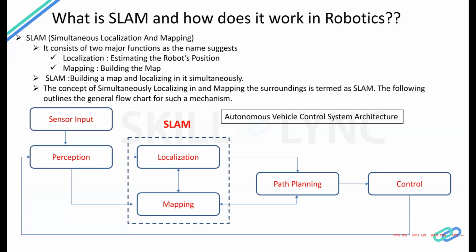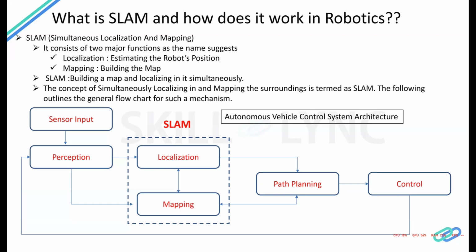Here is the generic system architecture of how the system is designed when it comes to SLAM systems. First, any robot has to have some way to perceive the environment. That is what the sensor input represents. It can be any type of sensor.